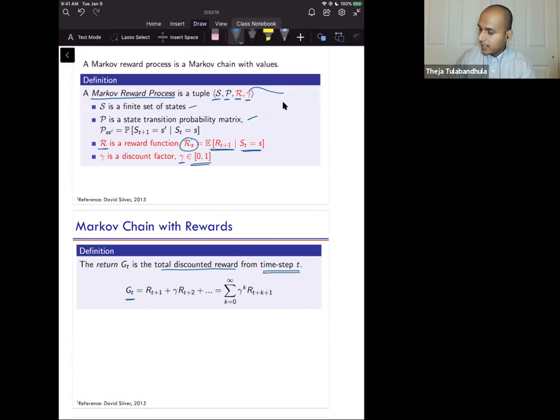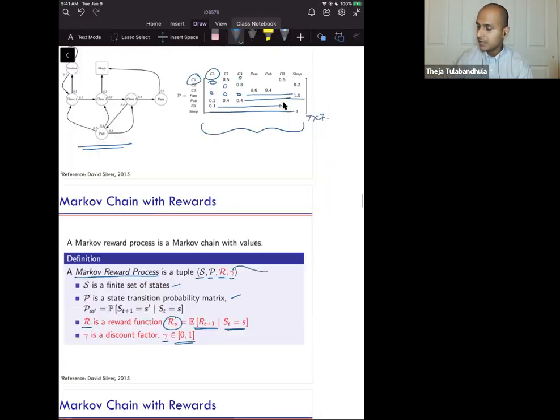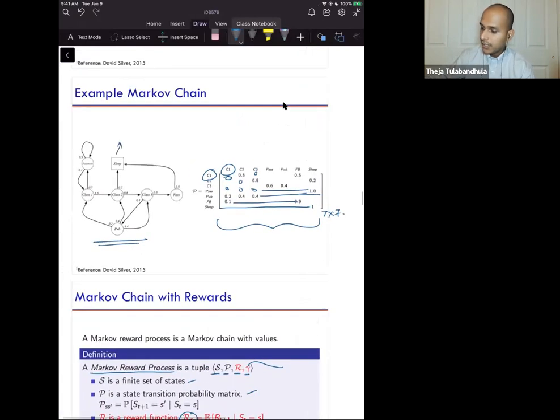You're in state st. State st emitted a reward, let's say rt plus 1. It went to some other state st plus 1. And then it emitted a reward rt plus 2, and so on. That can happen all the way to infinity, if the Markov chain doesn't have a terminal state. As I said, a terminal state just means there are no outgoing edges, like sleep has no outgoing edges.